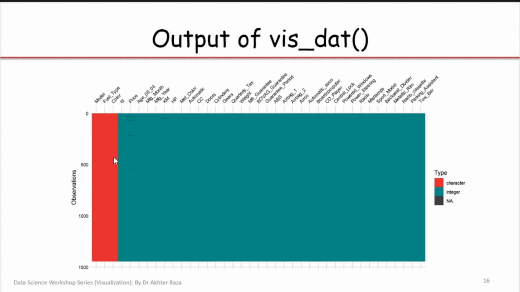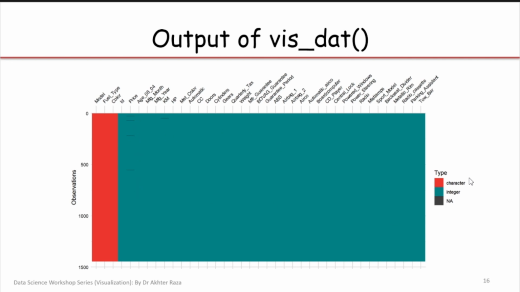The next thing here in the output is the red color. Red color means the variable, the first 3 variables, model, the fuel type, and the colors. These are the character variables, and for the rest of the variables we have integer variables, which are indicated by the blue color. And the third thing is a gray color or a black color, which indicates the NAs.